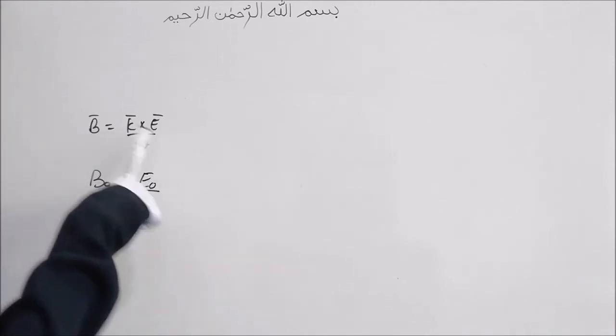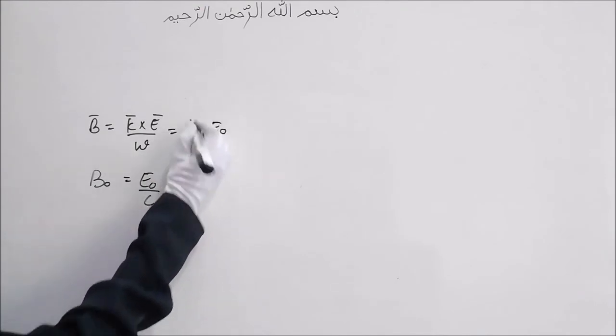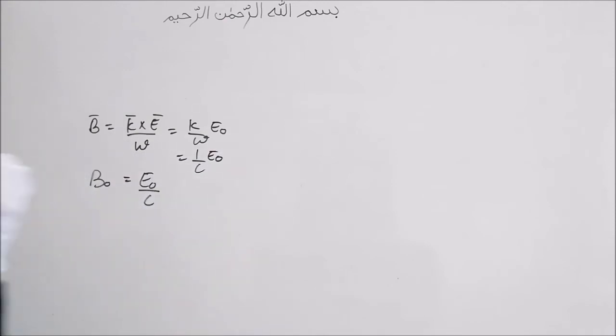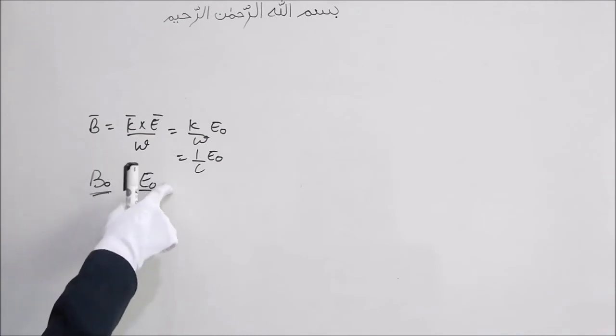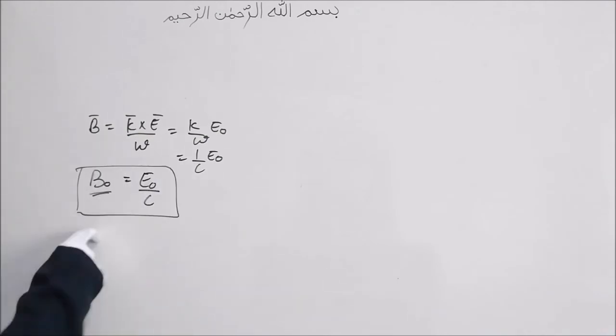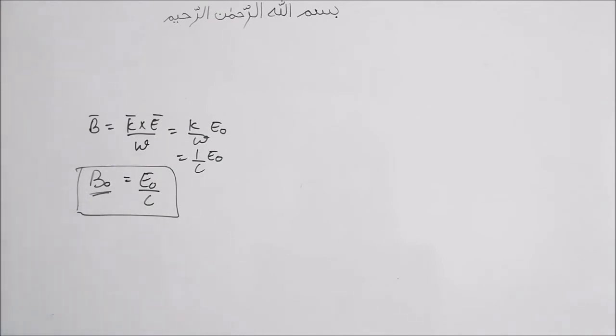From this equation, k by omega into E bar, k by omega is 1 by c, so B naught is equal to E naught by c. This is the amplitude of the magnetic field, this is the amplitude of the electric field, and this is the speed of light c. This formula is valid when the electric field and the magnetic field are in phase and mutually perpendicular to each other.